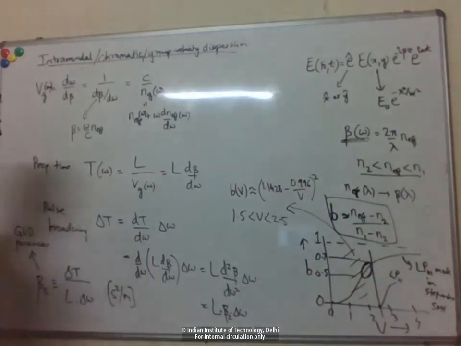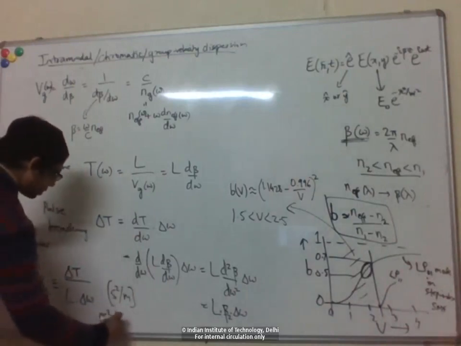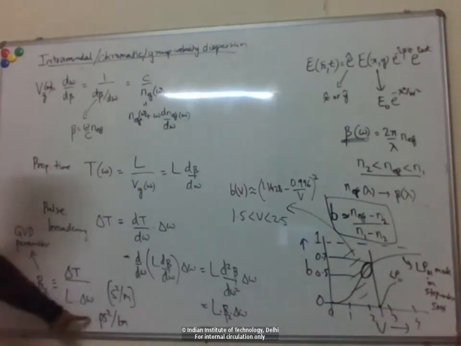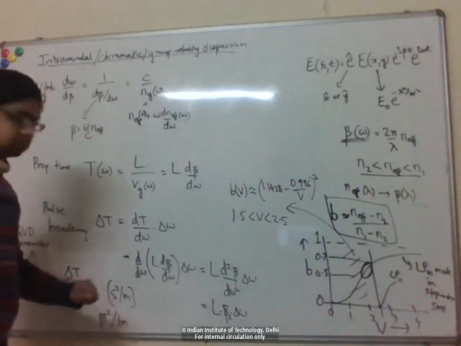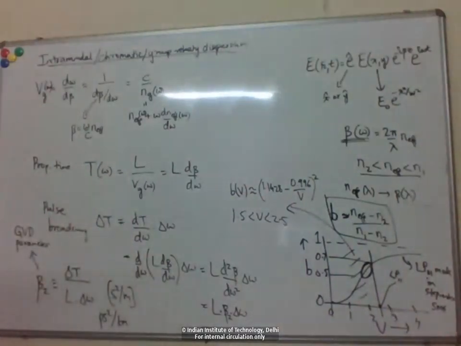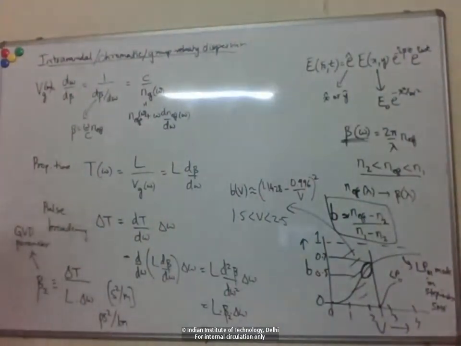So typically for these optical fibers, you would see that the numbers are quoted in picosecond square per kilometer. Right, so picosecond is 10 to the minus 12 seconds, so this will be like 10 to the minus 24 second square per kilometer. So that's the scale of the dispersion that we are talking about.